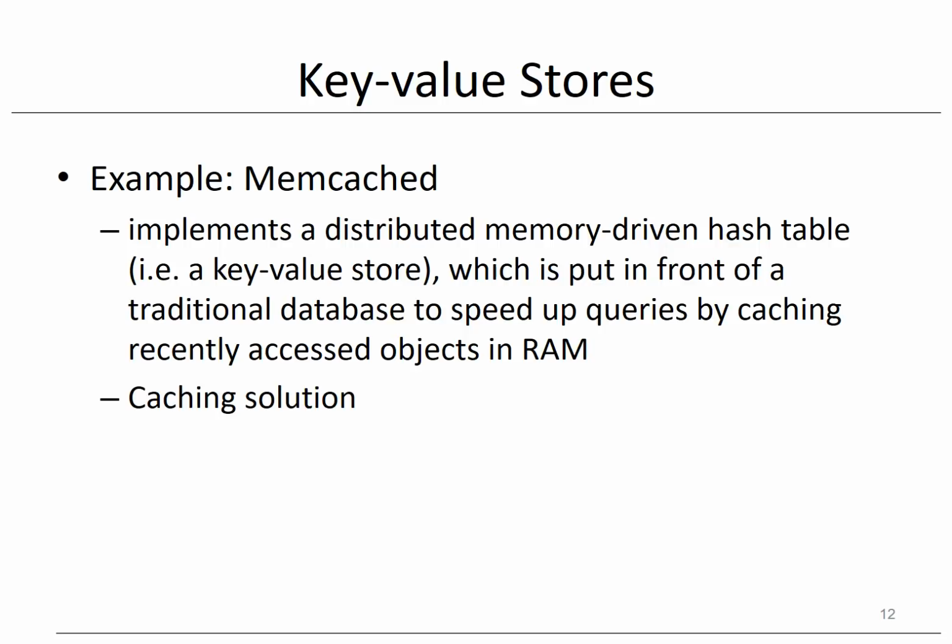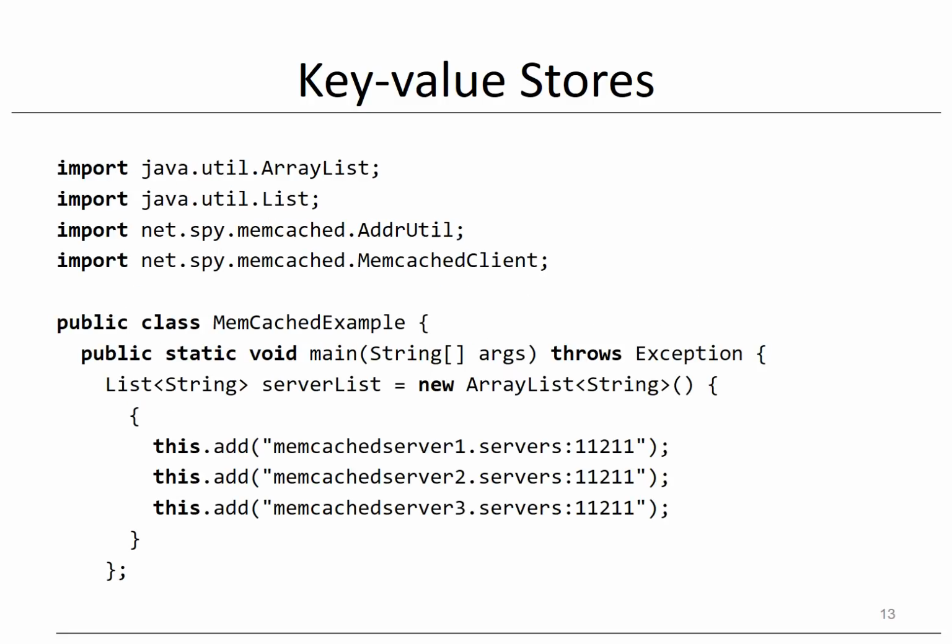In that sense, Memcached is a caching solution rather than a persistent database. The memcached hash table can grow very large, up to several gigabytes, and can be scaled horizontally across multiple servers in a data center.